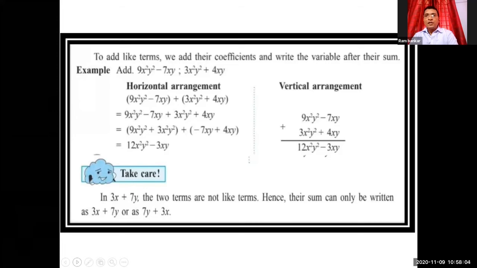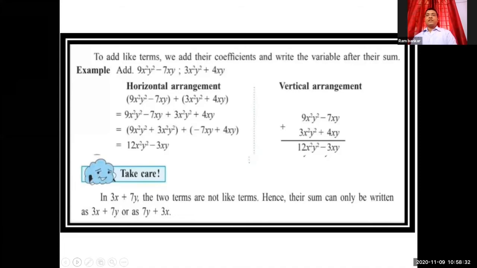We put together like terms. Okay, in the bracket, 9x square y square plus 3x square y square. Plus in bracket, we write as it is minus 7xy, and the like term of 7xy is in the second expression, that is 4xy, plus 4xy.